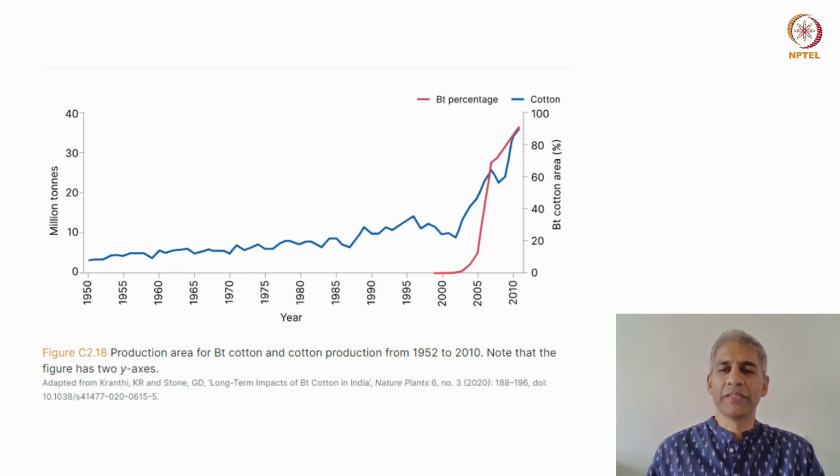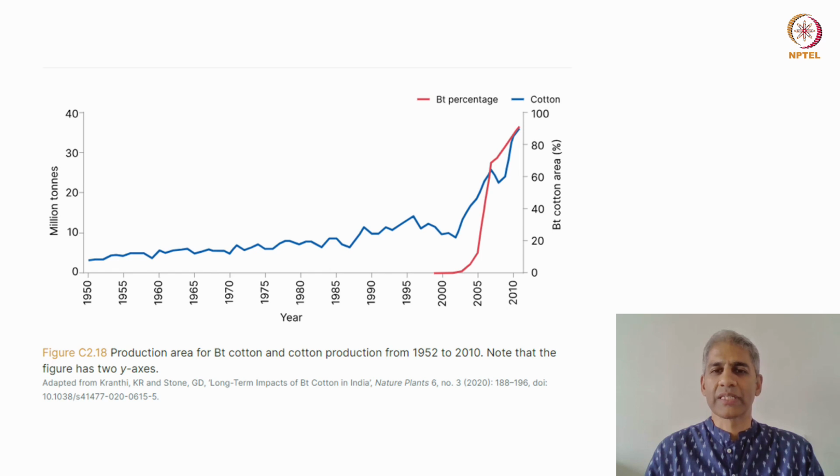So here we will be using data which has been provided in the citation given on this slide. In the graph, there are two things shown. One is a timeline from 1950 to 2010. The left y-axis shows the increase in cotton production in India. You will see that it increased very slowly from 1950 to say 2000.